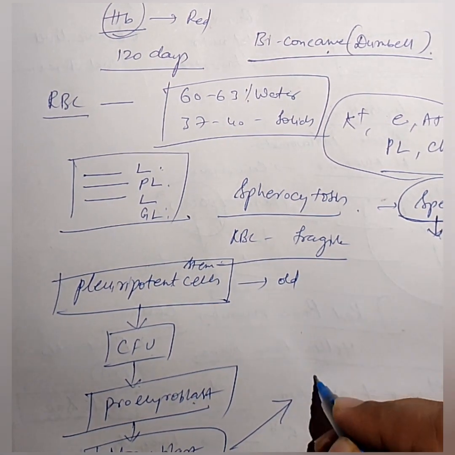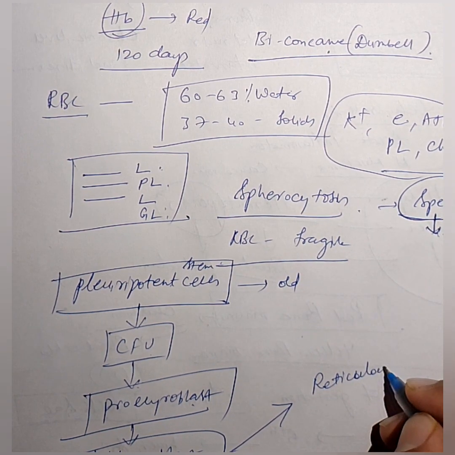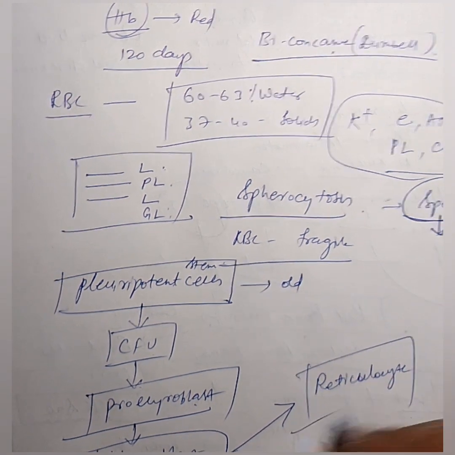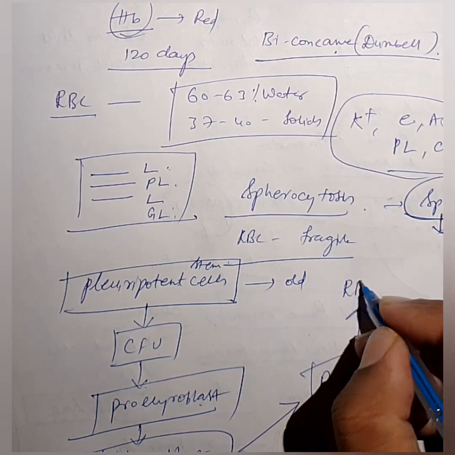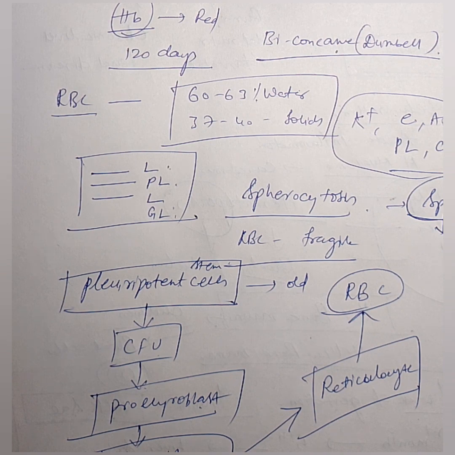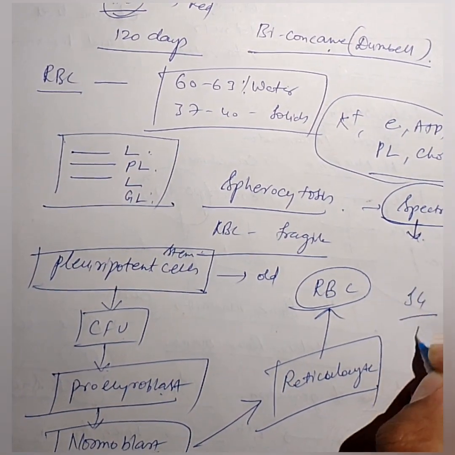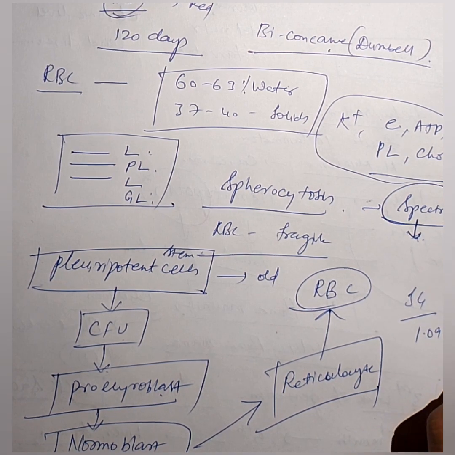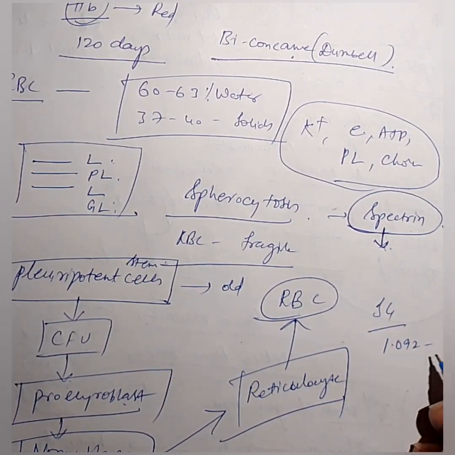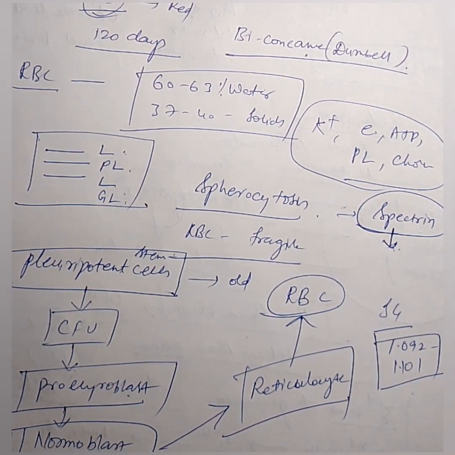After this we can see reticulocyte, and after this the erythrocyte is formed, which is also called RBC. And coming to the specific gravity, the RBC have a specific gravity of 1.09 to 1.101. This is the specific gravity of the RBC.